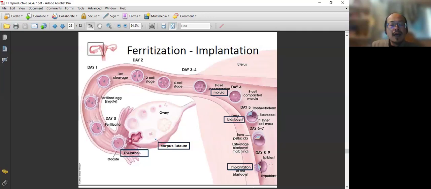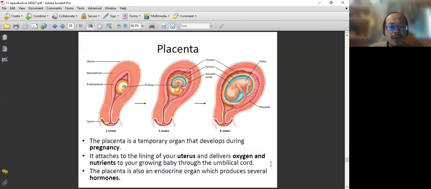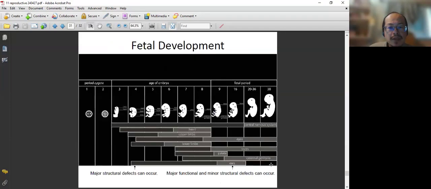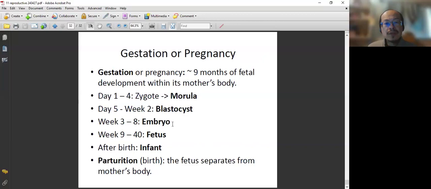The hypoblast and epiblast will grow into the embryo. So by week 3 to 8, we call it an embryo. From week 9 to the end, we call it a fetus. So fetal development is the main one. And after birth, we call it an infant.